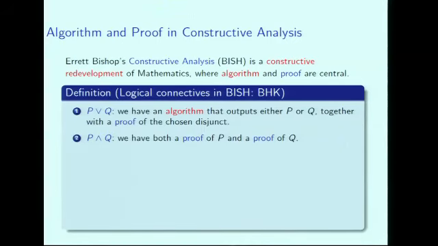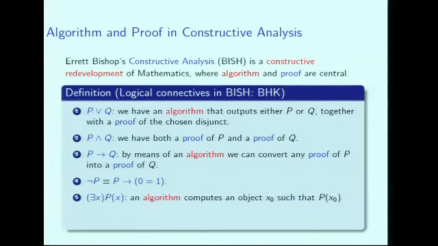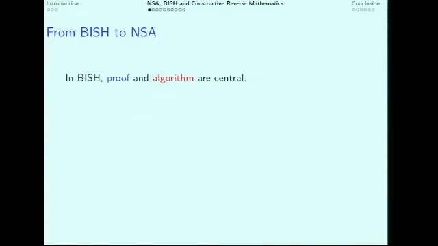P and Q: there's a proof of P and a proof of Q. P implies Q. It's not just not P or Q. No, it's giving an algorithm that converts any proof of P to a proof of Q. Not P: P implies absurdity, or 0 equals 1. Existence is also very constructive. An algorithm should yield a witness to something, and the universal quantifier is what you would expect. So I wasn't lying when I said that algorithm and proof are central. These really are the central notions of constructive analysis.